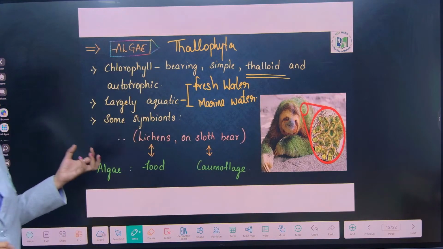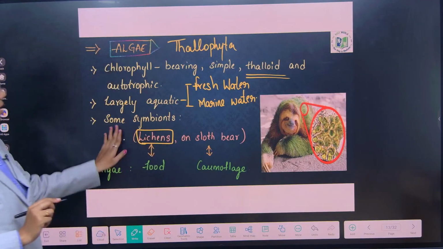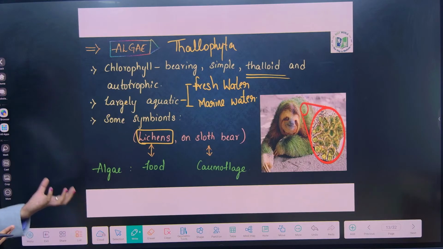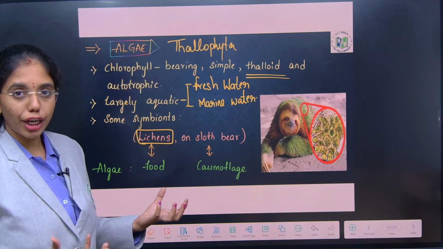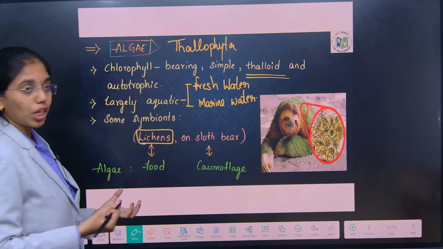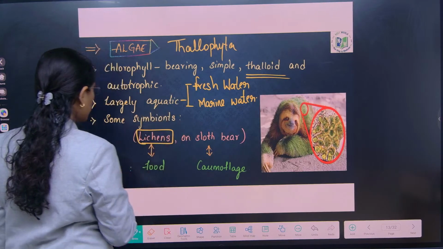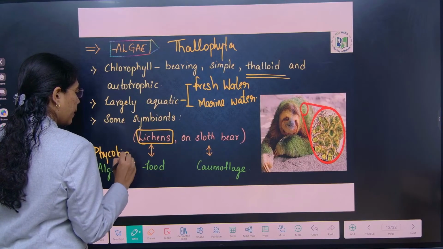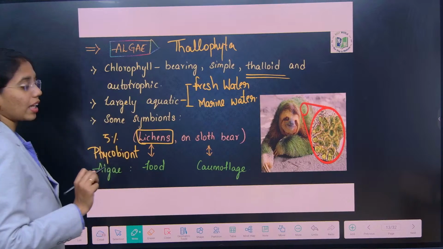There are some symbionts also, like lichens. These lichens are formed by the association of algae and fungi. Algae will provide nutrition to the fungi, and fungi gives the shelter to algae. In lichens, the algal component is known as phycobiont, and it is only 5% of the total lichen composition.